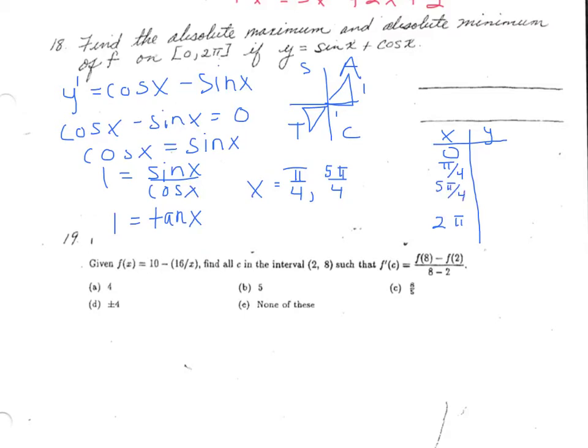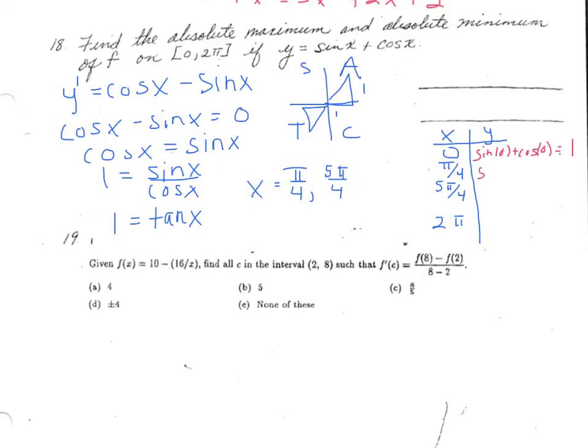And we want to plug these back into our original function so we can see what the maximum and the minimum y value is. So if I plug 0 in, I'm going to get the sine of 0 plus the cosine of 0. And that will equal 1. And then I'm going to plug in pi over 4.